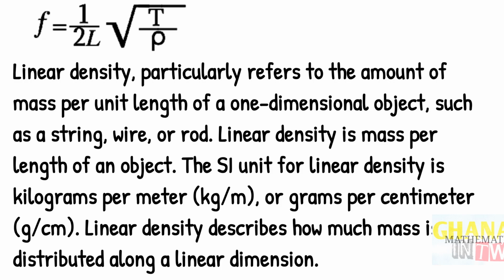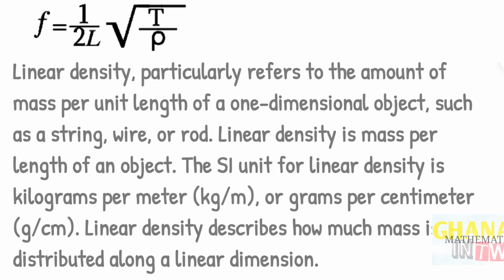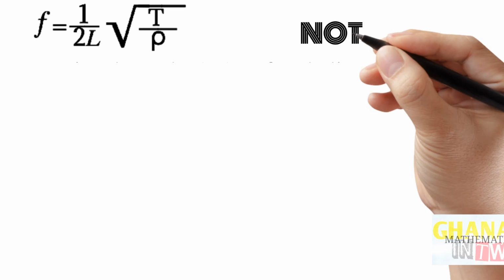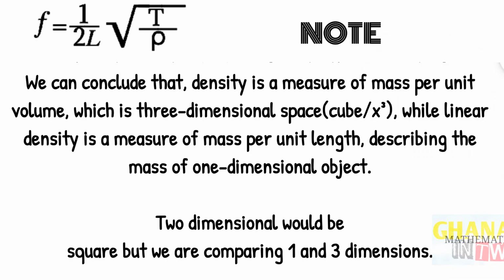Now, we said one-dimensional or length of an object. It is only one. That is why it has the power of 1. If it was to be 3, then it will be meter cube.